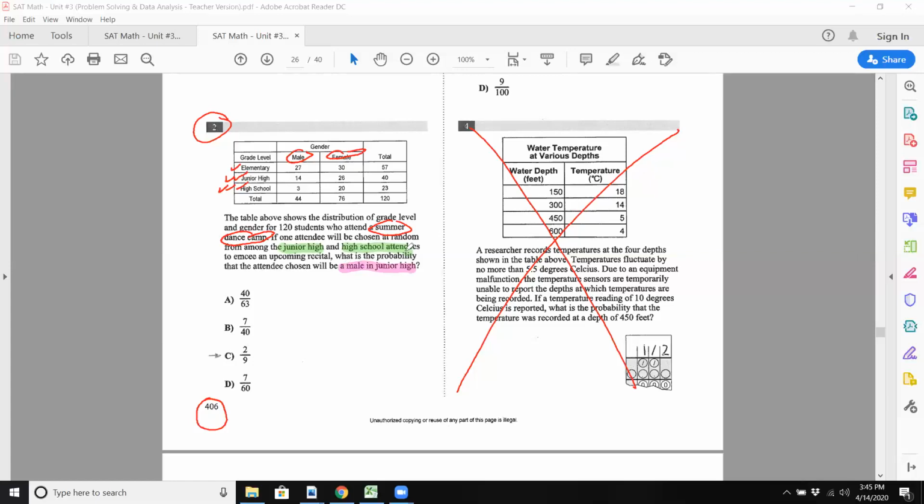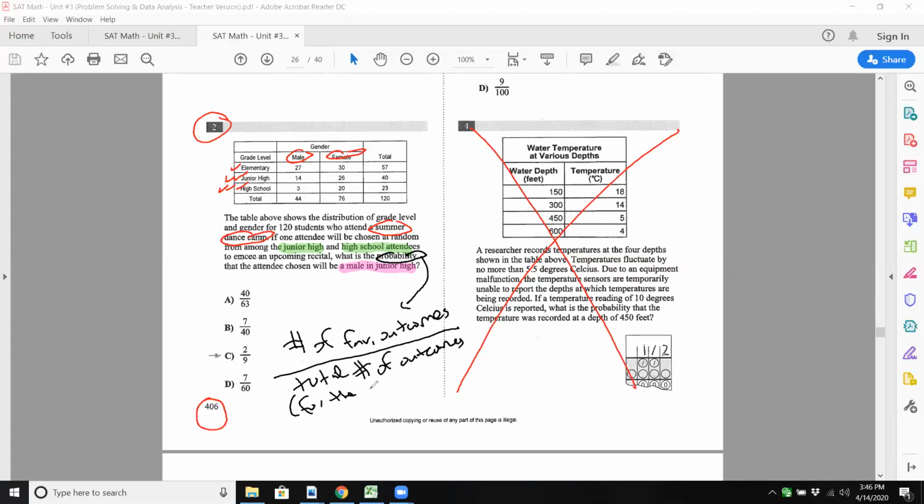Now, probability, just so you know, is the number of favorable outcomes divided by the total number of outcomes for the situation described. So what is the situation described here? The situation that is described is that you're dealing with junior high school students. So if you're only doing junior high and high school students, you're looking at 63 people total.